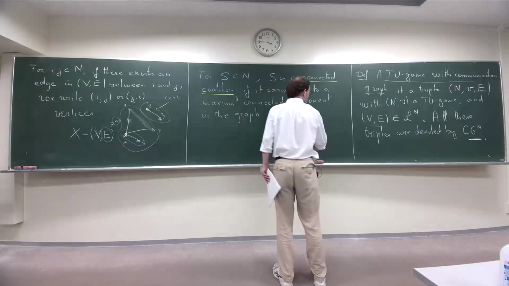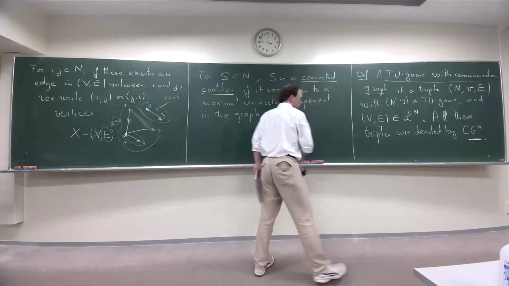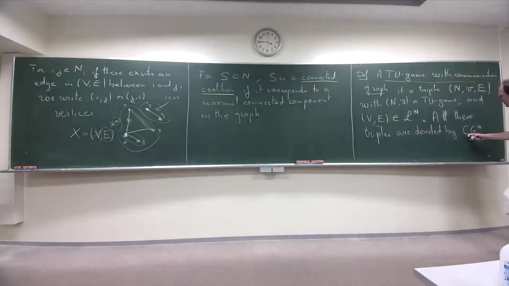And now we are going to do the same game as before. We want to define rules which associate to any TU game with a graph a point in Rn. And I call it phi. So this is what I recalled at the beginning. Now we will do it for games with a communication graph. So I need to state some properties of this function phi.